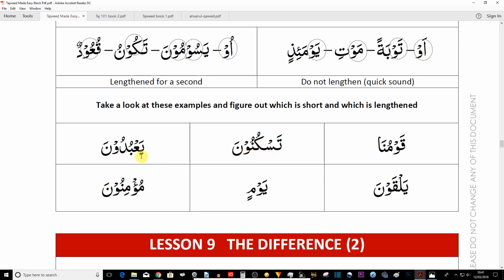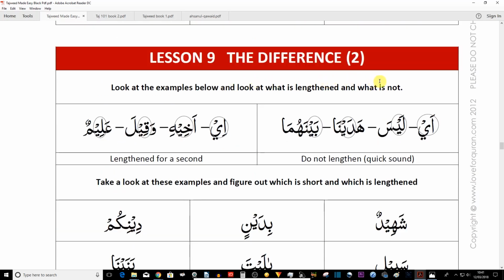Ya'buduna, 2 beats. Yalqawna, 1 beat, Leen letter. Yawmin, short, 1 beat, and not yaawmin, okay? And last, mu'minuna, noona, 2 beats, mad asli.